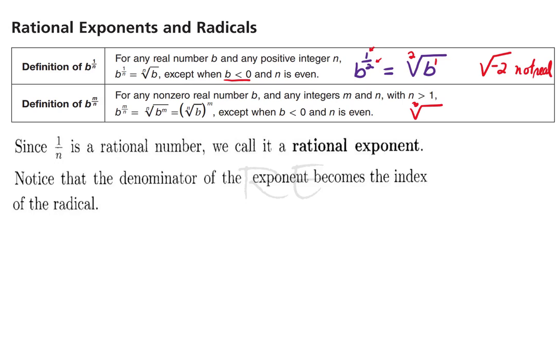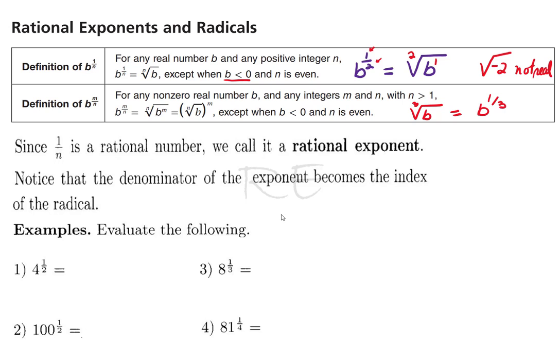B to the m over n is equal to nth root of b to the m in general, except when b is less than 0 and n is even. Cube root of b is equal to b to the 1/3. 4 to the 1/2, 4 is 2 to the second.